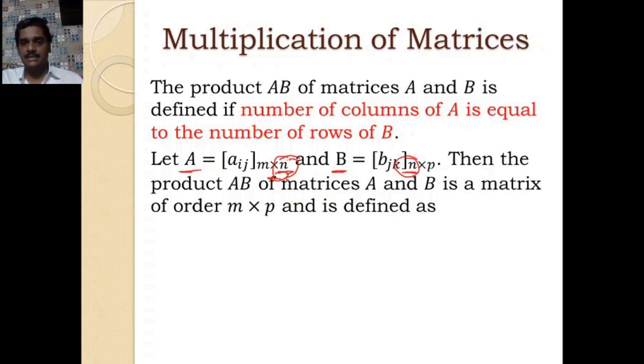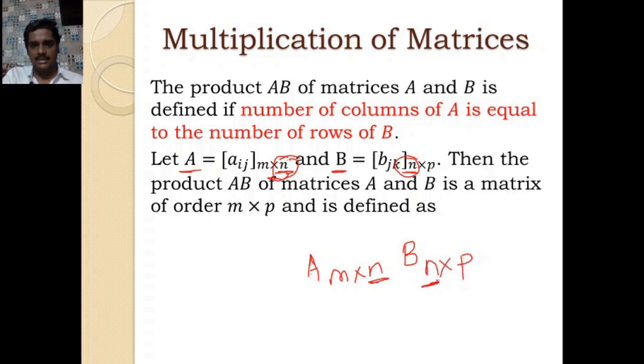So what is written next? Then the product AB of matrices A and B is a matrix of order m by p. If we have a matrix A of order m by n and matrix B of order n by p, and it is matching, then the product AB will be a matrix of order m by p.